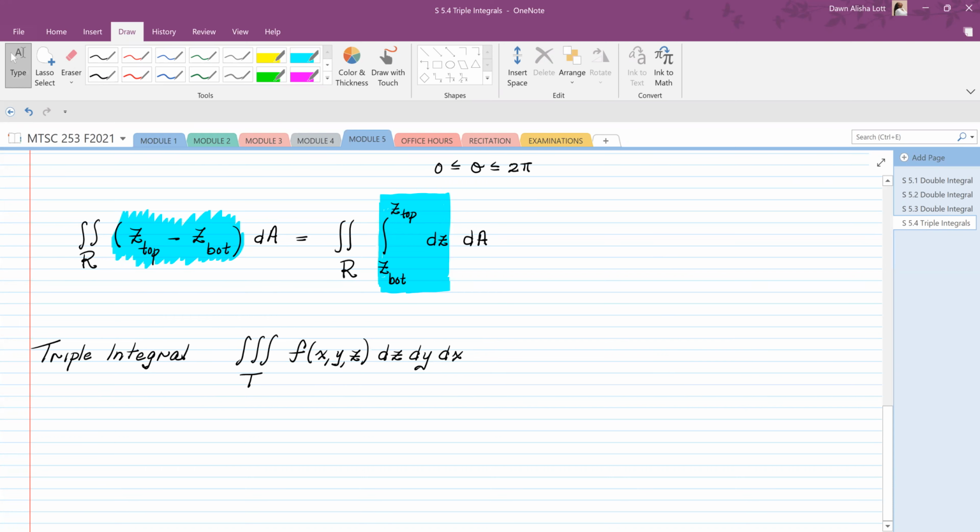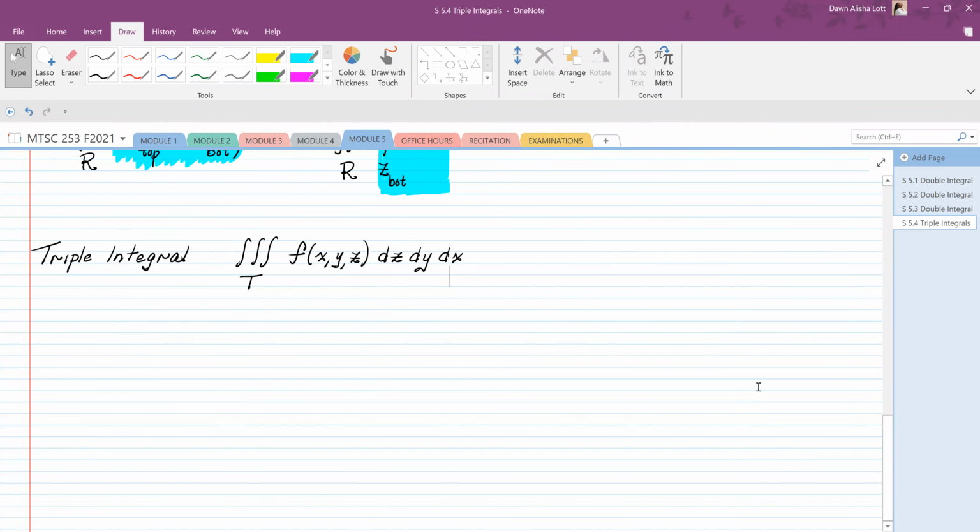So something very easy. Evaluate the triple integral over T of x y sine of yz dV.